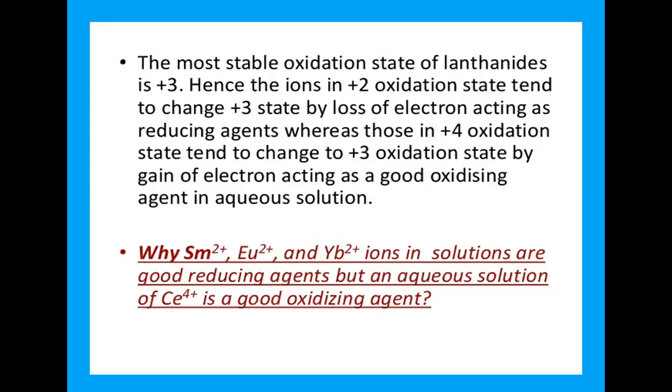If they lose an electron, they can definitely act as very good reducing agents. At the same time, if they are in the +4 oxidation state, to reach their most stable +3 oxidation state they have to gain an electron. By gaining an electron, they behave like oxidizing agents.